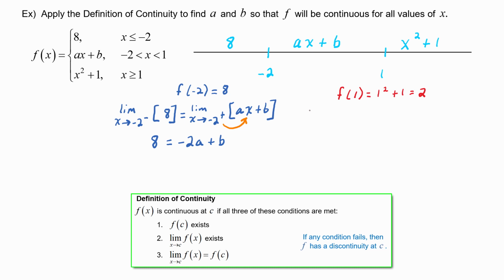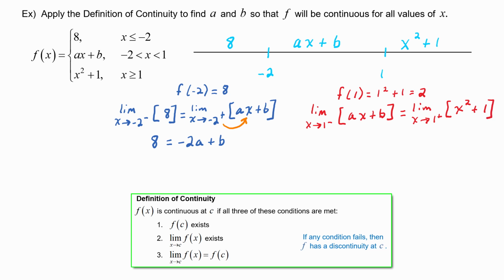So coming in from the left, we would have limit x approaches 1 from the left of ax plus b, and that's going to have to equal the limit as x comes in from the right of 1, which would be x squared plus 1.